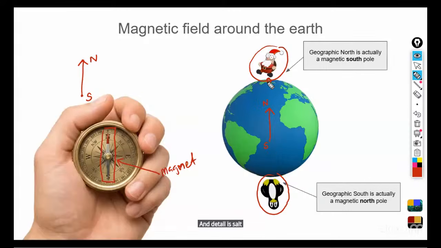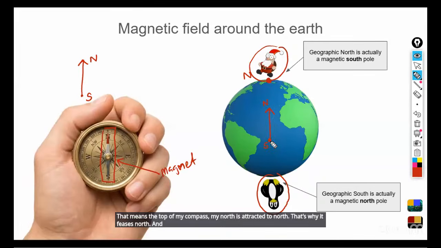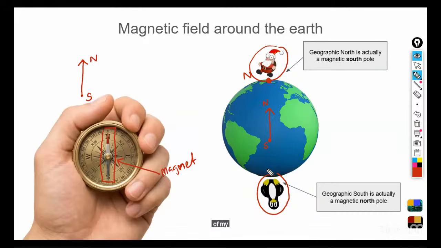If here is the North Pole, that means the top of my compass, my north, is attracted to north. That's why it faces north. And the tail of my compass faces south. Remember, this is the South Pole where the penguins live.